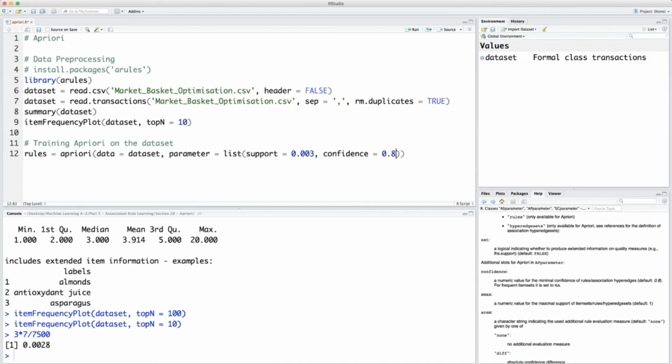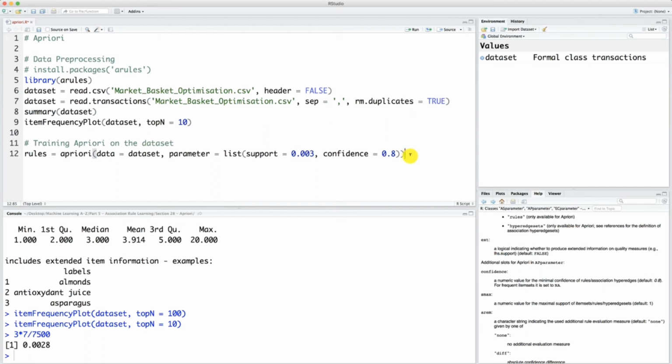I'm not saying we will get some interesting results. You can already imagine what we're going to get, because 0.8 is a very high confidence. Try to guess what we'll get with this high confidence 0.8. And don't worry, we will divide it by 2 to try some smaller confidences until we get some relevant rules.